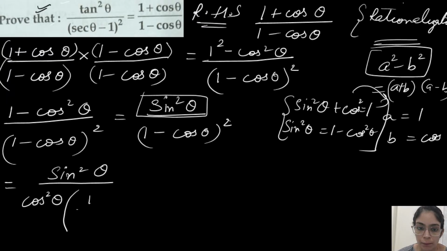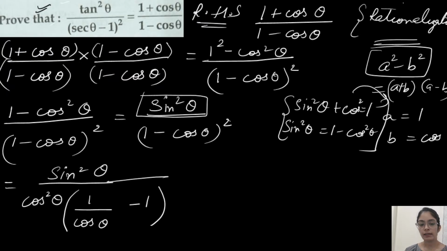Then it will become 1 by cos minus 1. Whenever you take a common factor, you write the cos out. After multiplying, you will get to know.